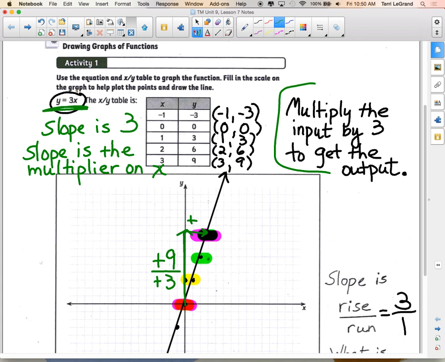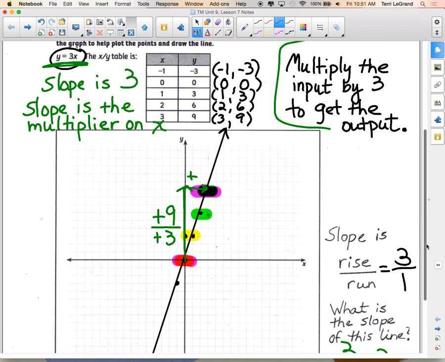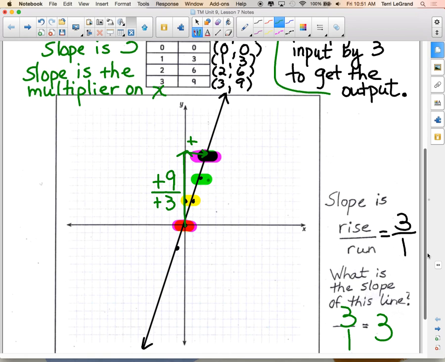So the x value changes by multiplying it by 3 every time. So for every new one run, every new x value of 1, we have an increase of 3 times that to get the y value. So the slope, you have to see the connection there, what's going on, okay?